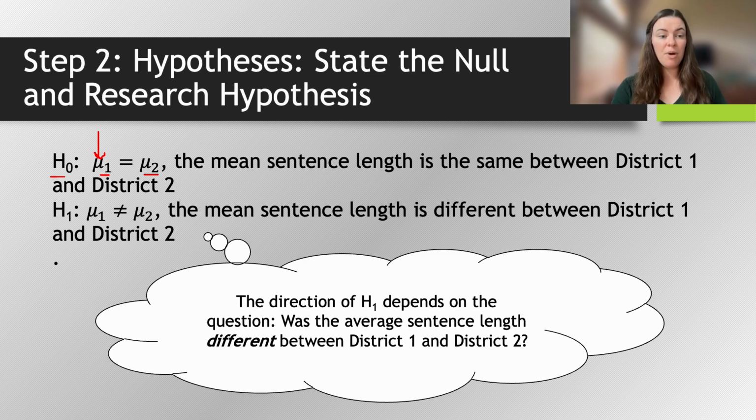Again, our null hypothesis, which is designated by H0, is our statement of no difference, and so that's why we have this equal sign. And due to the specific use of the word different in our problem, we will be using the not equal to sign to designate that we think that the mean sentence length is different between District 1 and District 2. Again, the language may vary on other examples you may see, so be mindful of that as you're working through these.